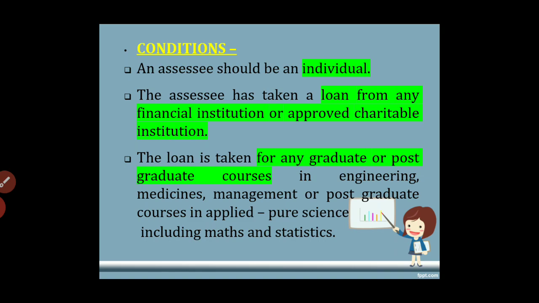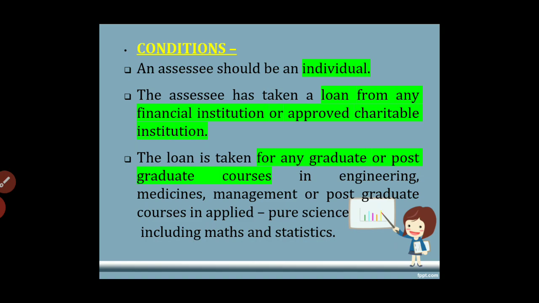Or from an approved charitable institution. That means any charitable institution should be established autonomously and statutorily, approved by the Central Government or State Government, and the loan should be taken from them.